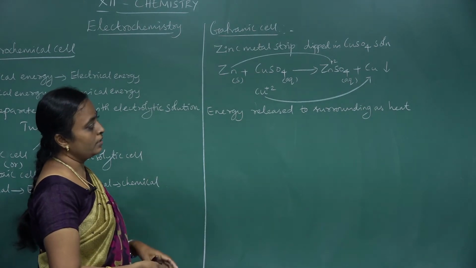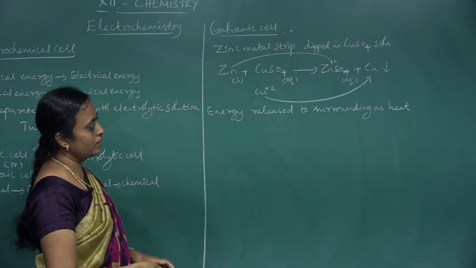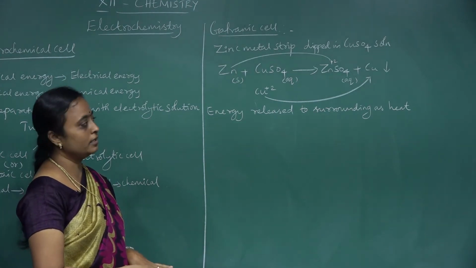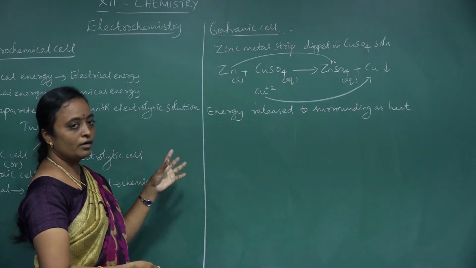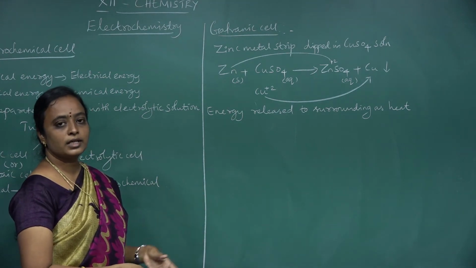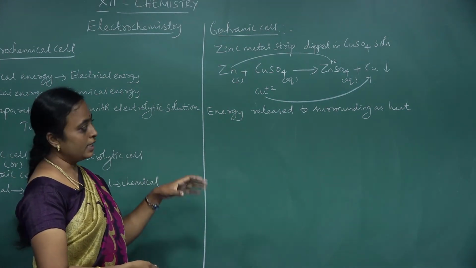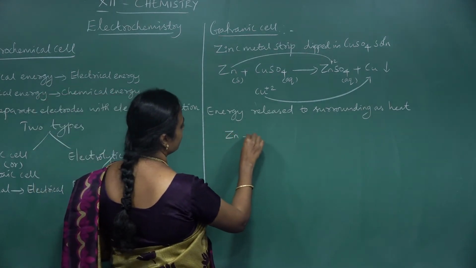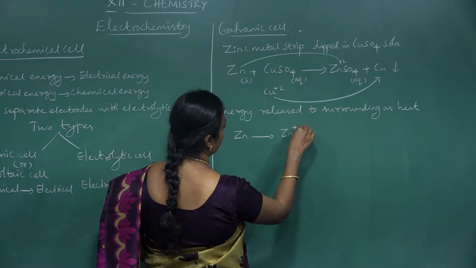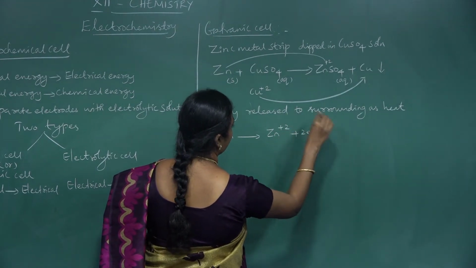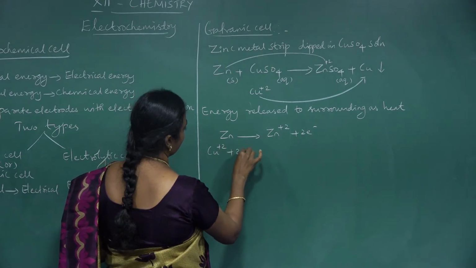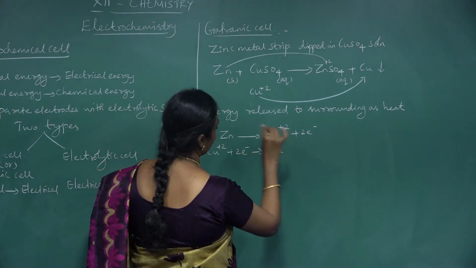In the same manner, if we perform this kind of reaction in separate containers, that is, taking one half cell as zinc and one half cell as copper, there will be the same type of reaction there also. Here also zinc is oxidized into Zn2+ with the removal of 2 electrons, whereas Cu2+ is reduced into copper.